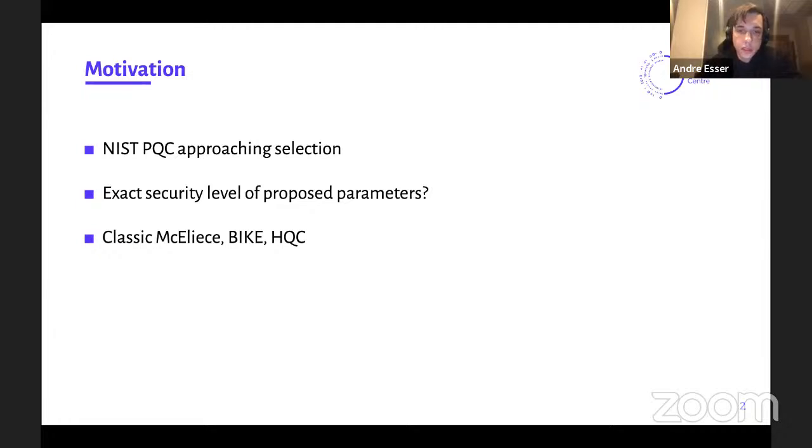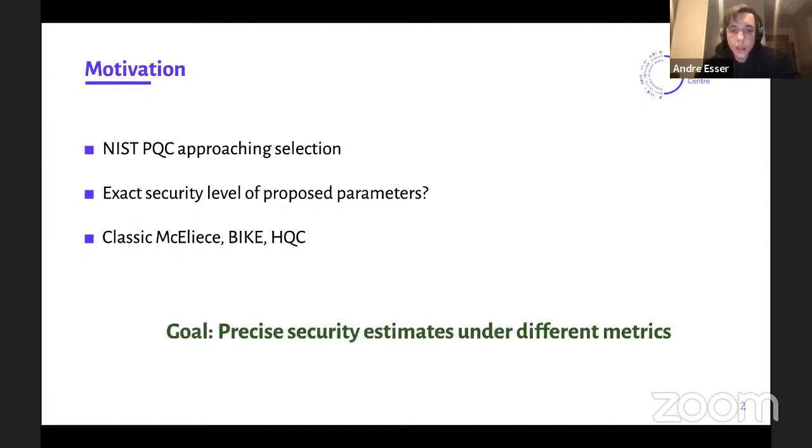Of course, these parameter sets need to be part of the standard. In this work, we focus on code-based schemes, of which there are still 3 remaining in the third round. The goal was to give precise security estimates for the parameter sets of the different schemes under different metrics, where metrics means especially different memory models.